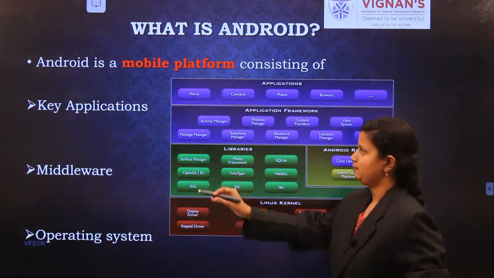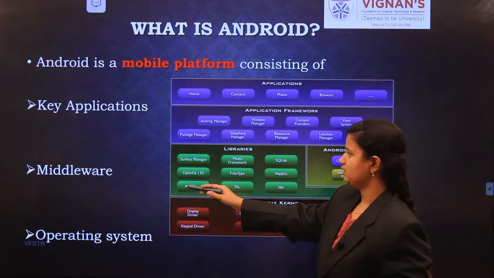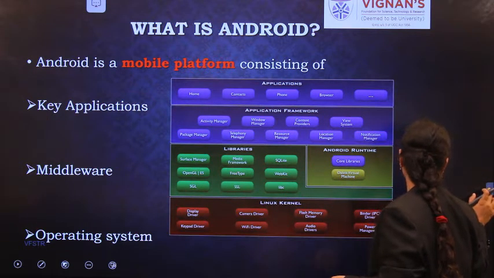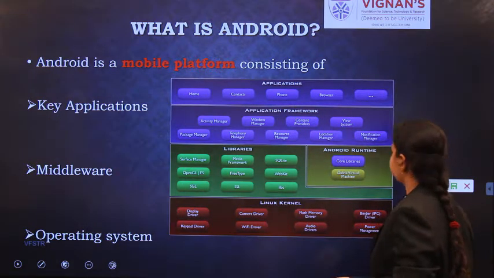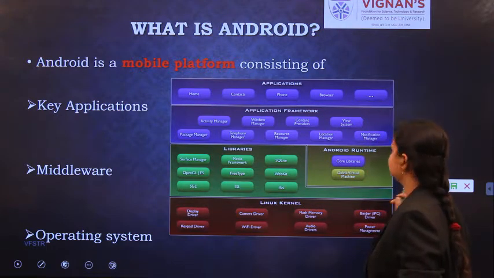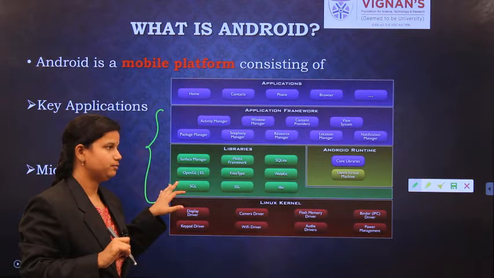The key applications are home, contact, phone and browser. And middleware is responsible for different things, such as applications, framework and libraries.